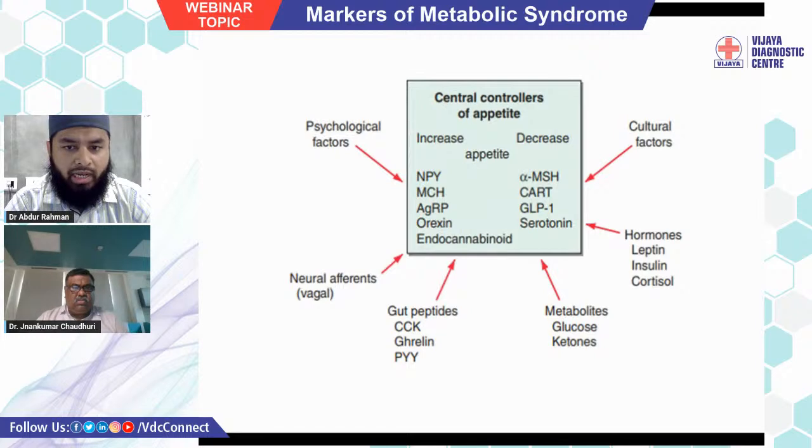Those will go to the hypothalamus and induce the transcription factors MCH, AGRP, and orexin, and they will stimulate the appetite. So any dysregulation between our anorexigenics and orexigenics, due to genetic or other problems, will lead to obesity and finally metabolic syndrome. So these are our genetic causes.